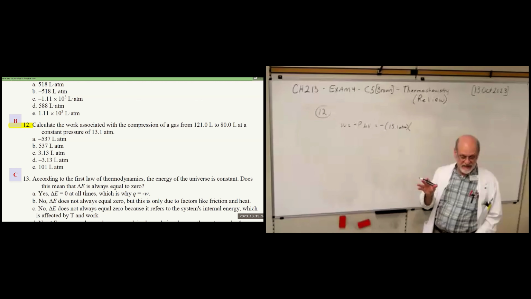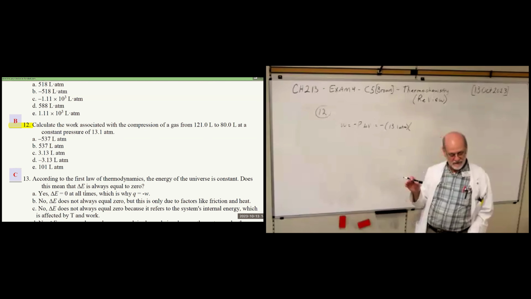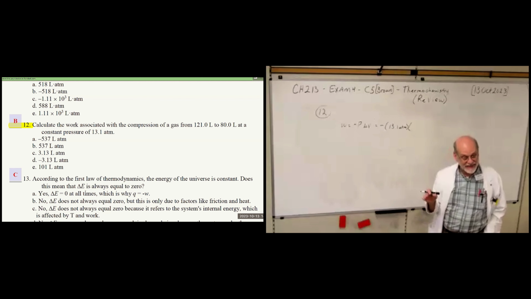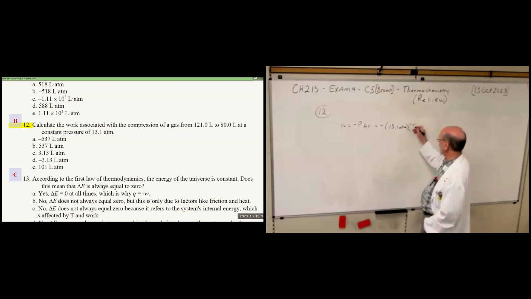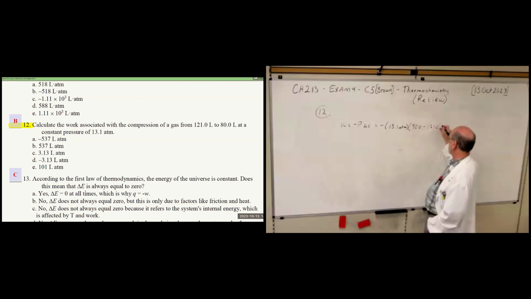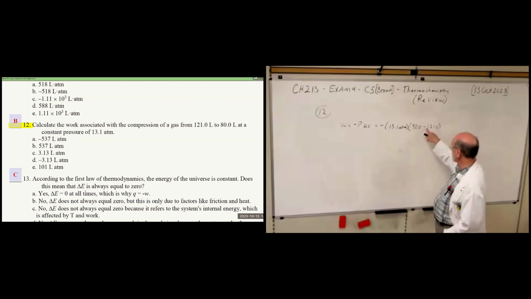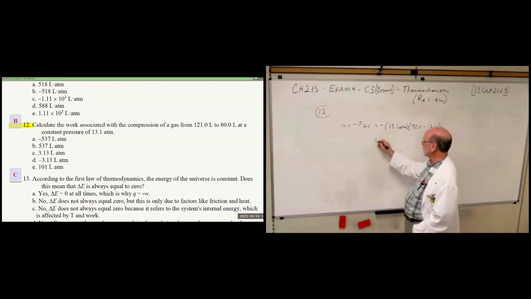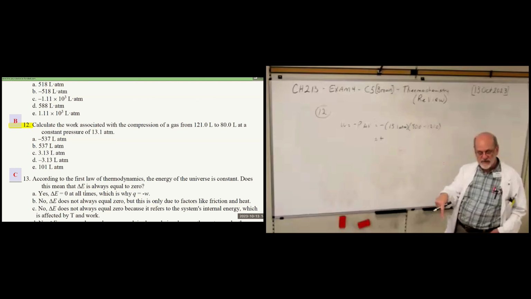Okay, what's delta V? What's the final? The final is 80 liters, isn't it? Compression from 121 to 80. Okay, so 80 is the final minus 121. So this is going to be a negative. That's a negative. Our answer is going to be positive. Right? Work is being done on the system.